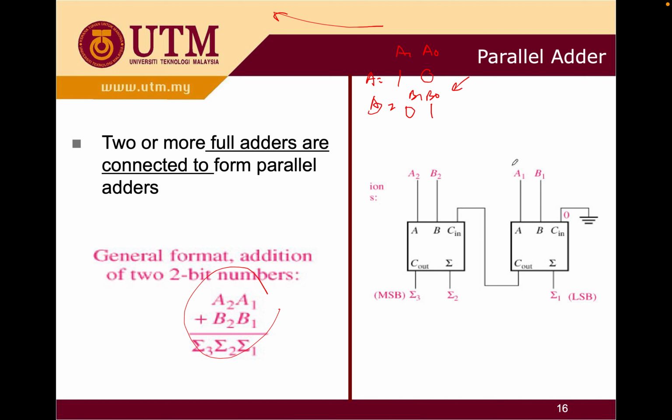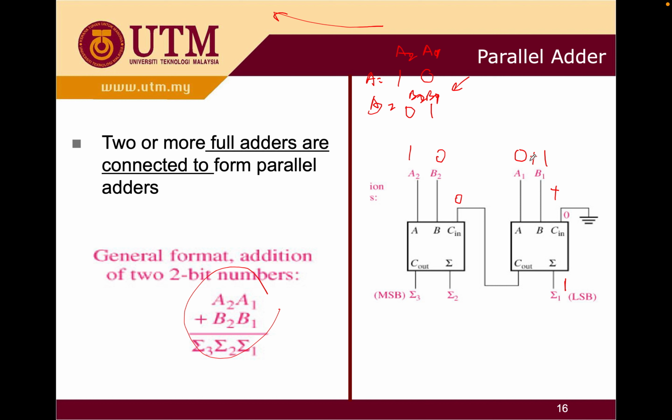Oh, but here you have only 1 and 2. Okay, it's okay, we can change it. Now we have A1 is 0, B1 is 1, A2 is 1, B2 is 0. We have here 0 plus 1 plus 0, which is going to be 1 for the sum, and the carry will be 0.